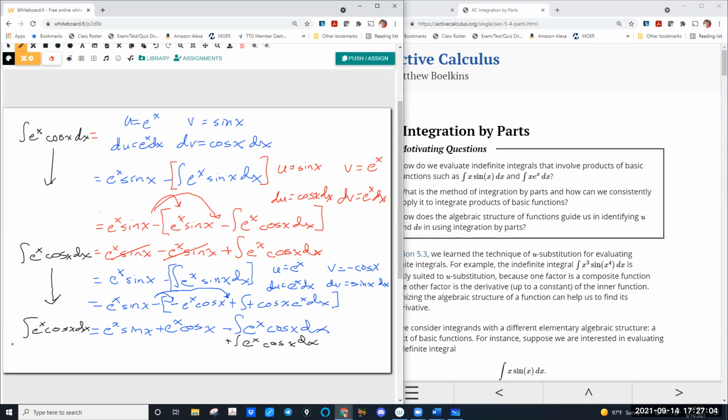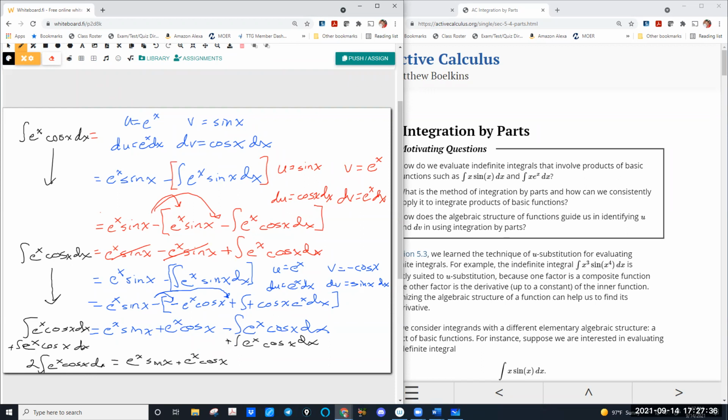It's a really cool little trick that's not obvious if you've never seen it before. This is why we're doing this one. Because what that does over here, that gives us two of them. 2 times the integral of e to the x cosine x dx equals e to the x sine x plus e to the x cosine x.